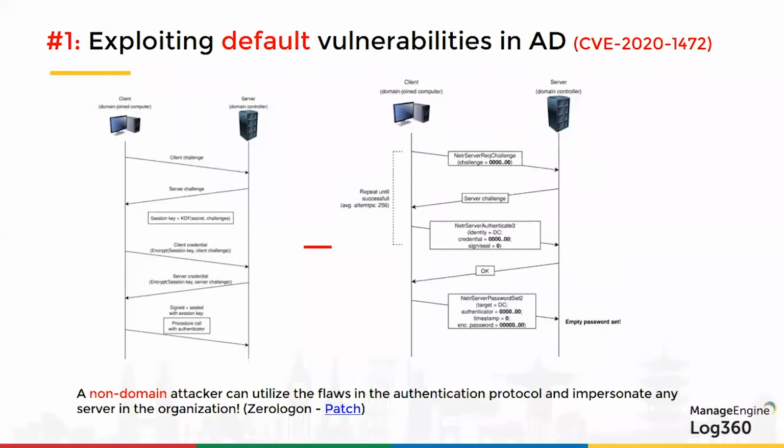The beauty of this attack is that not only the client system, any member server within the organization can be impersonated with an empty, null string password. Not just a member server, but even domain controllers can be impersonated. That's the reason this particular vulnerability is called a Zerologon vulnerability, because we are sending null values as a challenge during the authentication process.